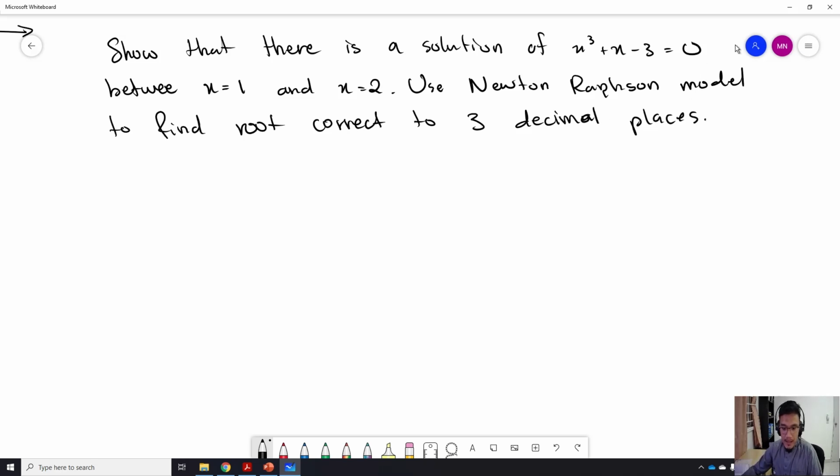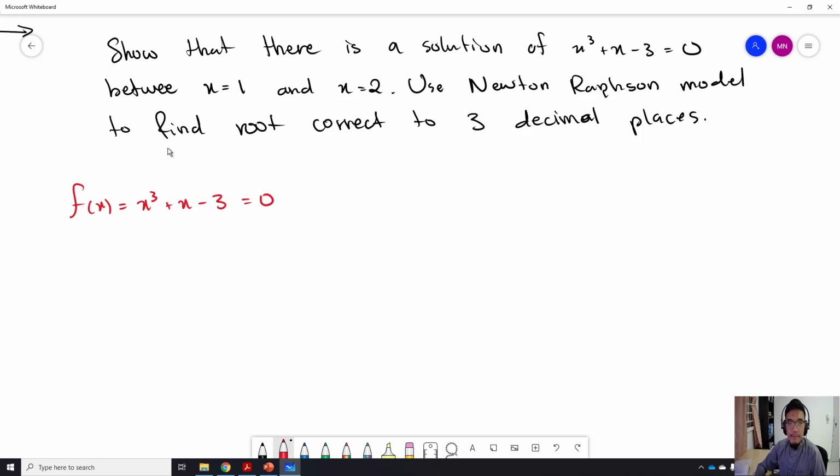Okay, so it is mentioned here that there is a solution that lies between x equals 1 and x equals 2 for the equation x cubed plus x minus 3. So we know that the function f(x) is equal to x cubed plus x minus 3 equals 0.